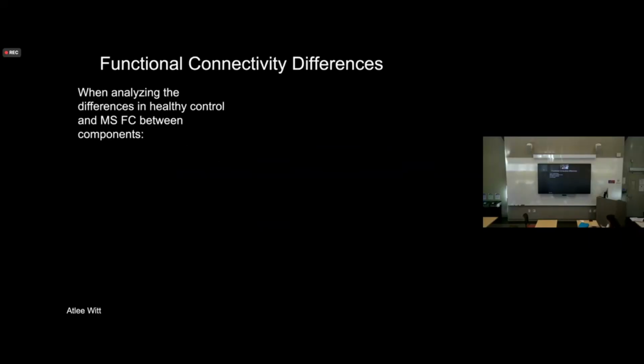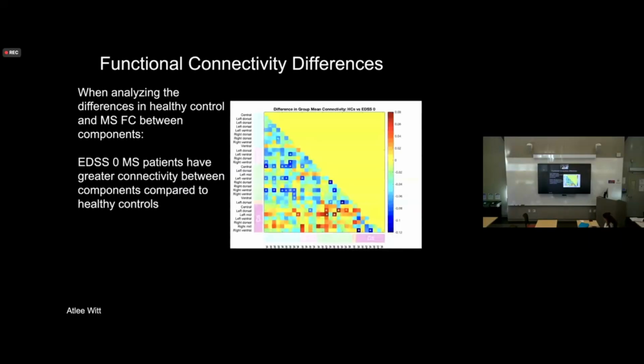But what's interesting is that when you look at the comparison between healthy controls and MS patients, in the MS patients who have barely detectable neurological symptoms, we find that there's an increased connectivity compared to healthy controls in various components.